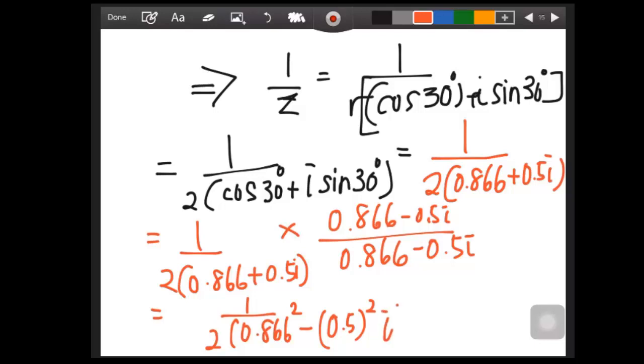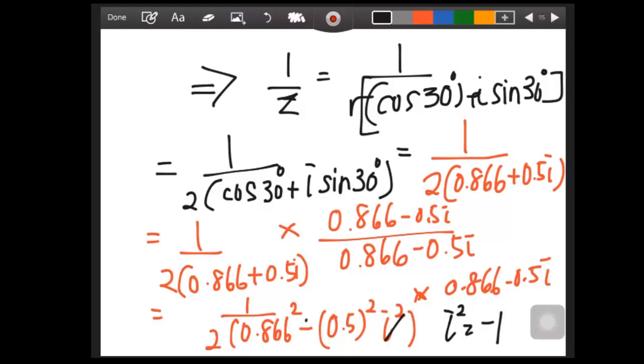So yang atas ni akan darab dengan 0.866 tolak 0.5i. Sekejap ya. So yang ini kita akan dapat negatif 1, i power of 2 ialah negatif 1. So sini akan jadi positif lah.